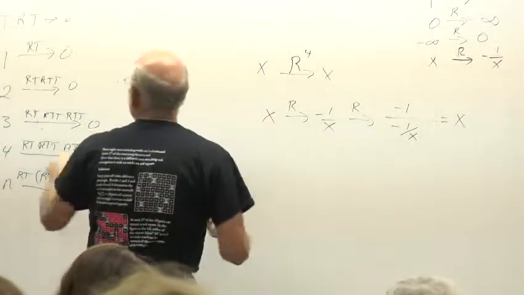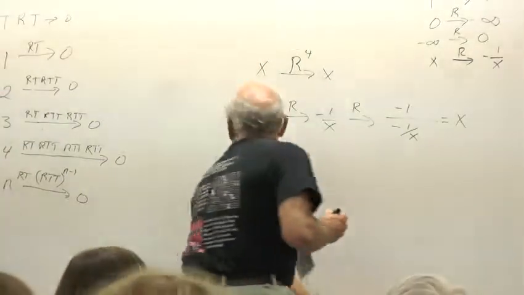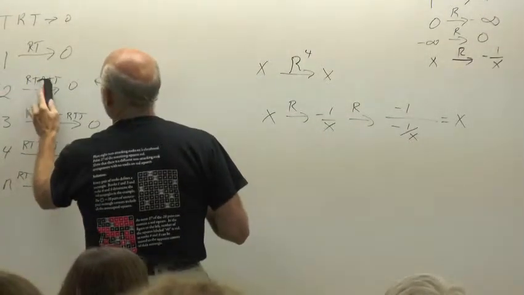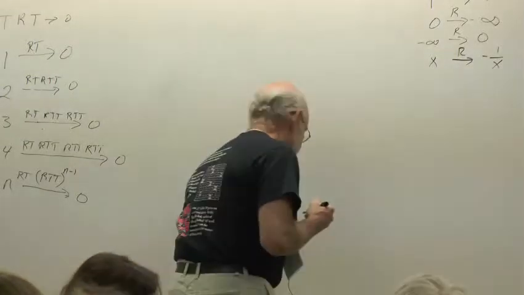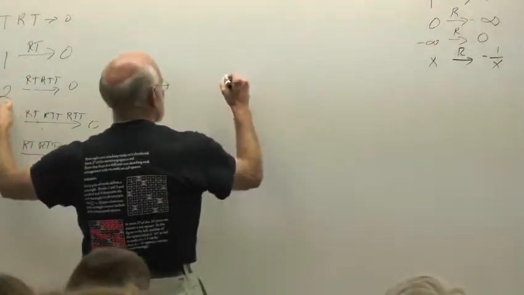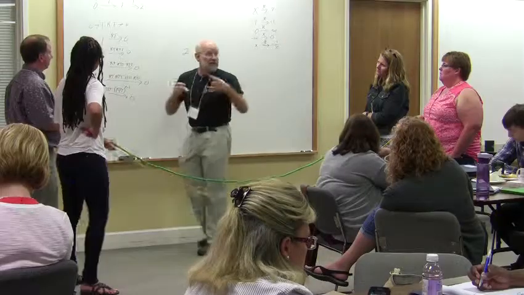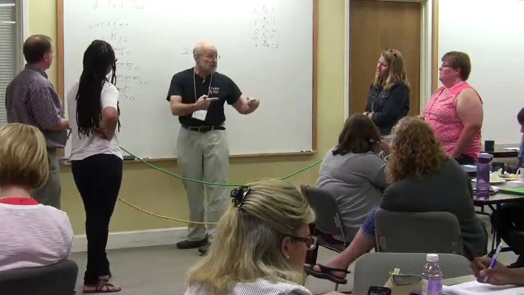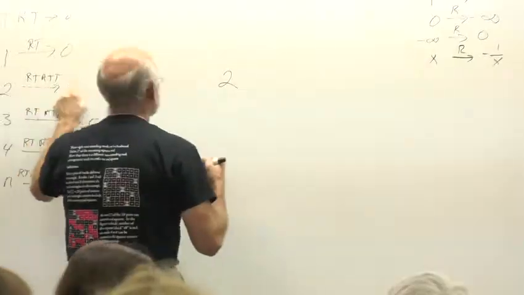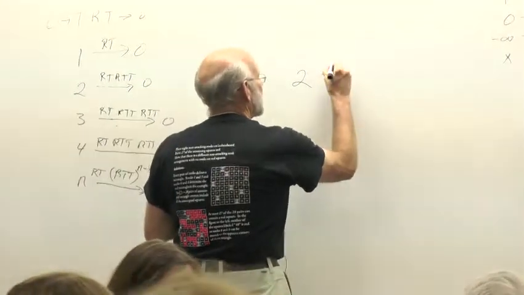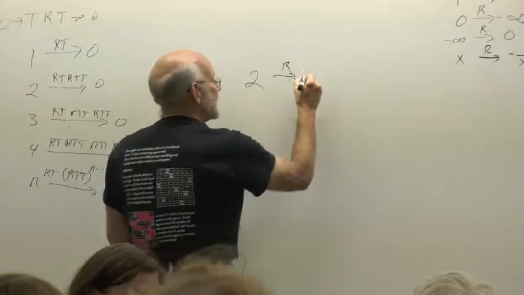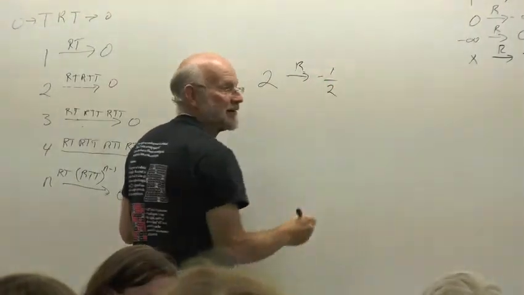Okay, and let's try one of these. Let's see if RTT gets us back to 0. We did 2 twists, so we got to 2, and we know, because we've messed around with the ropes, that RTT gets us back to 0. So if we do an R, where are we? Negative 1/2.